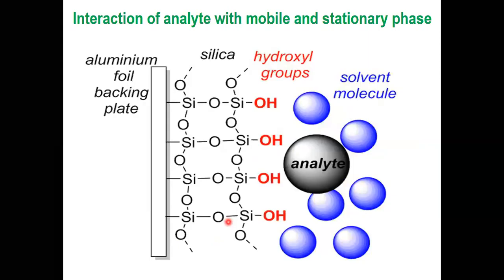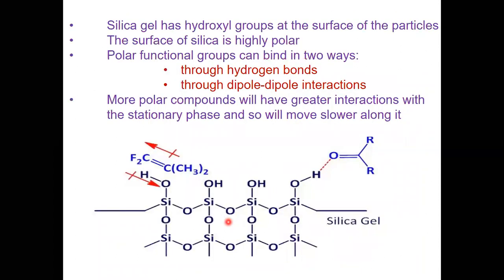Here you can see the interaction of the analyte with the mobile phase and the stationary phase, and how the analyte distributes between the stationary phase chemical groups and the analyte molecules. In the case of silica gel, the surface is filled with hydroxyl groups, which make it highly polar.